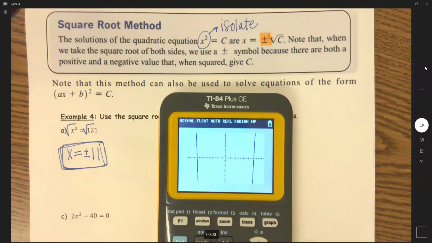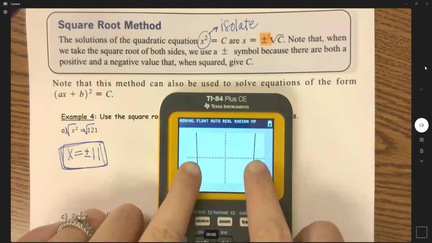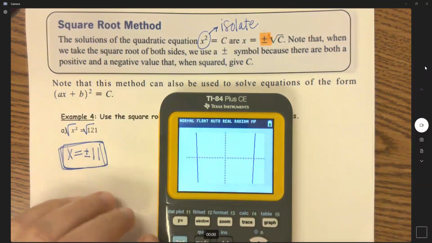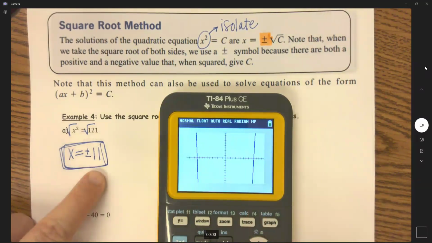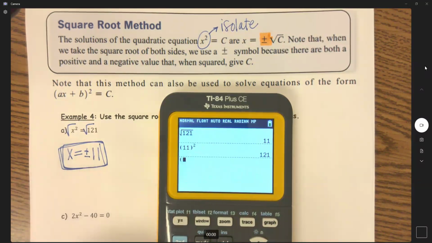And there are your two x-intercepts, negative 11 and positive 11. And you can also think about it like this. If you plug in 11 here, 11 squared is positive 121. But if you also plug in a negative 11, you still get a positive 121. So they both work when you substitute them back in.